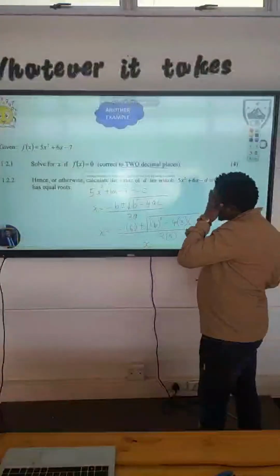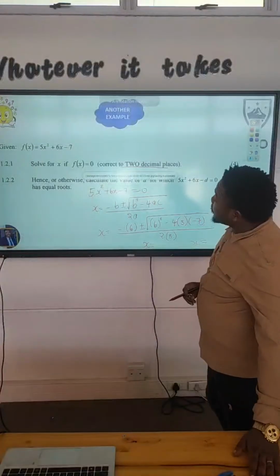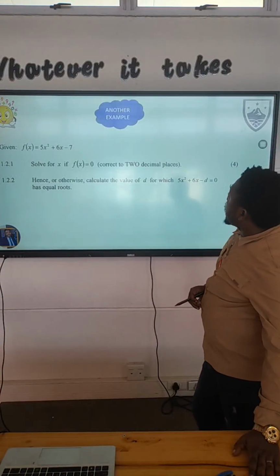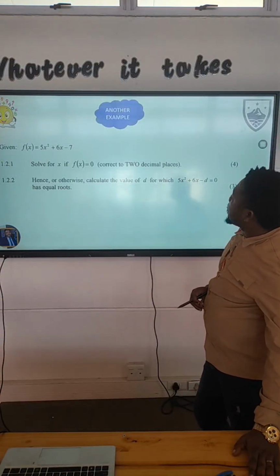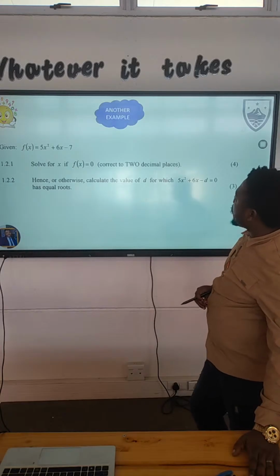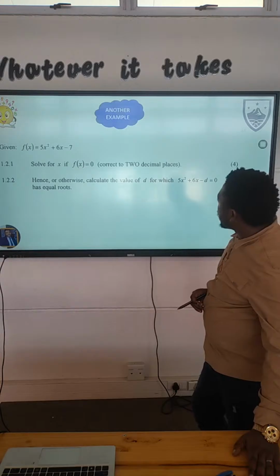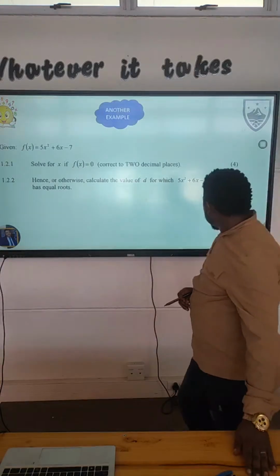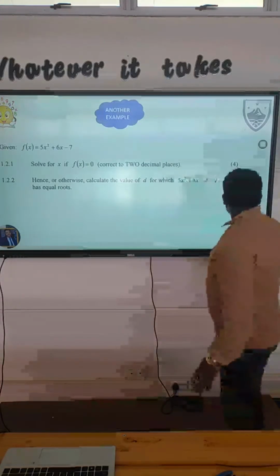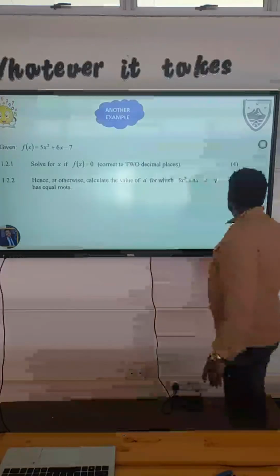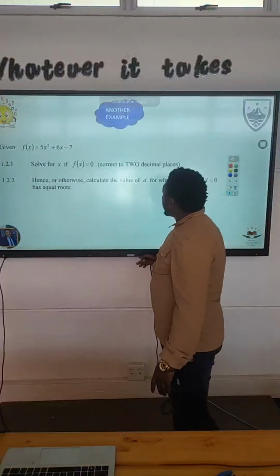Done this a couple of times. To the next question. This next question says, hence or otherwise calculate the value of d for which f(x) plus 6x minus d equals 0 has equal roots. Remember what I said about the discriminant. You need to know what is required when you see equal roots.